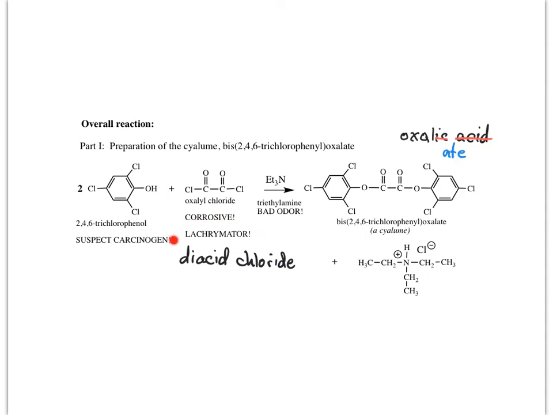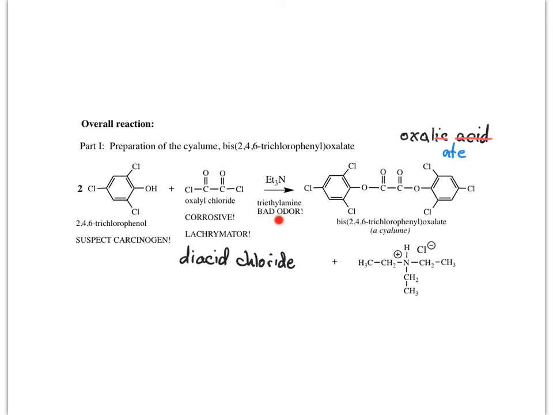And so in this way, it's similar to tear gas, in that it attacks your mucous membranes and makes them make more fluid and mucus. So make sure you keep this in the hood.